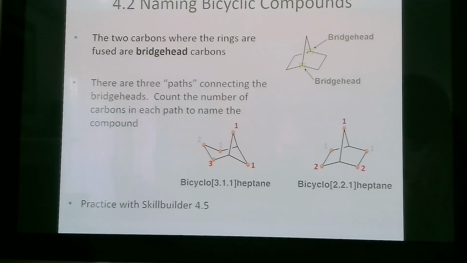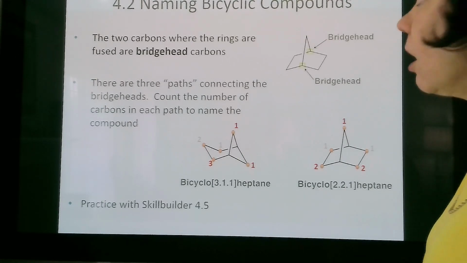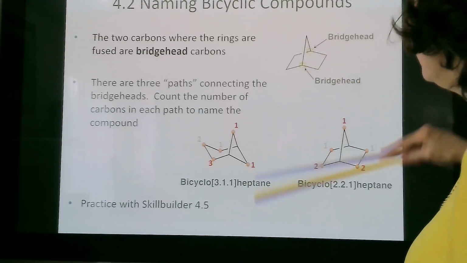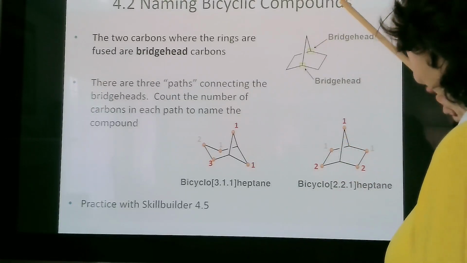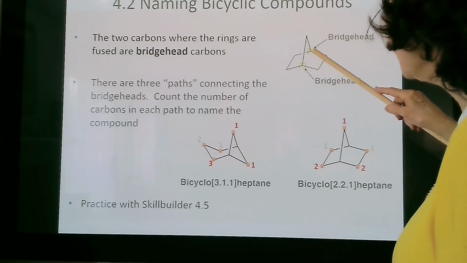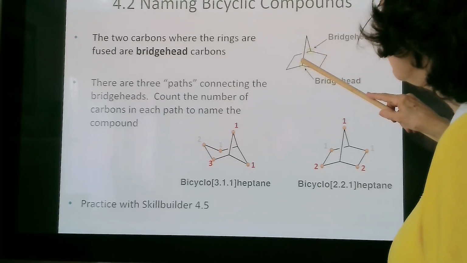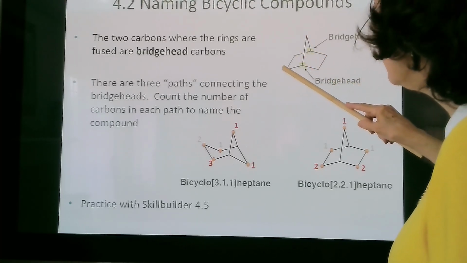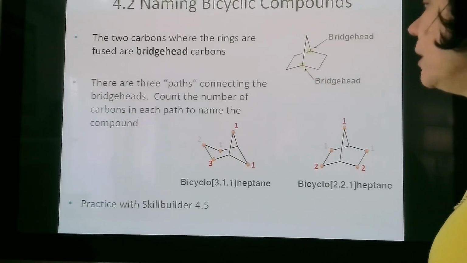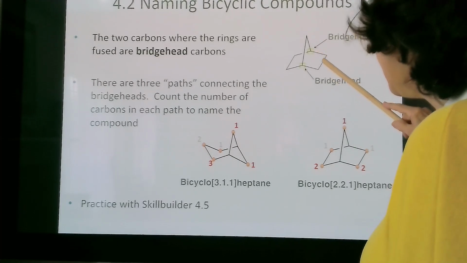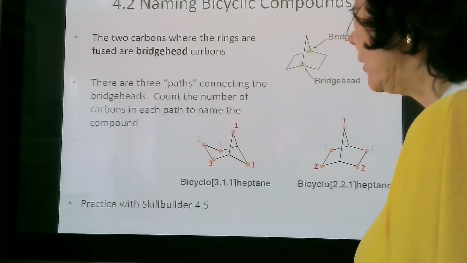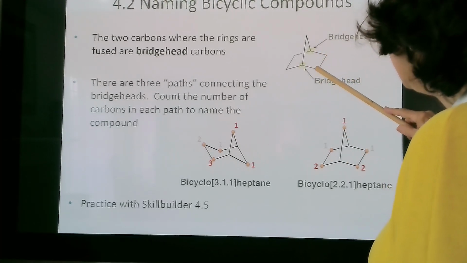Those are the points where the 2 rings are fused. And so there are 3 bridges, 1, 2, 3. This is what they're talking about when they talk about the paths. Those are the bridges. You count the number of carbons in each one.